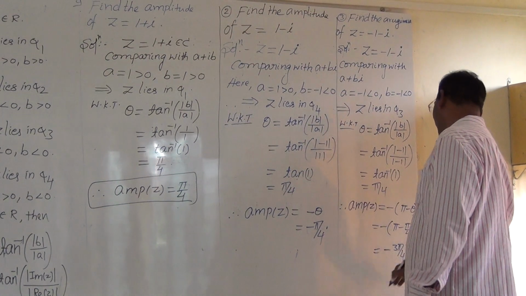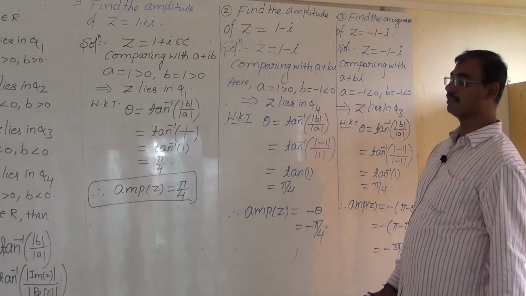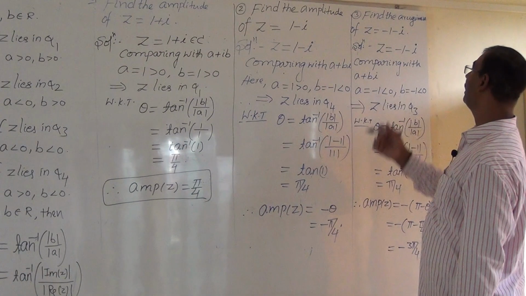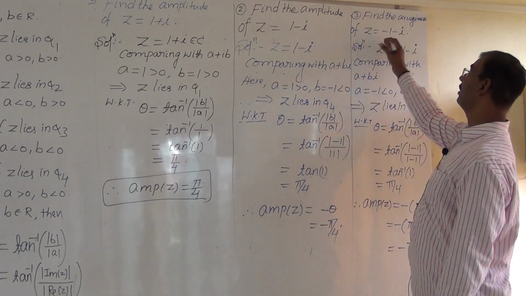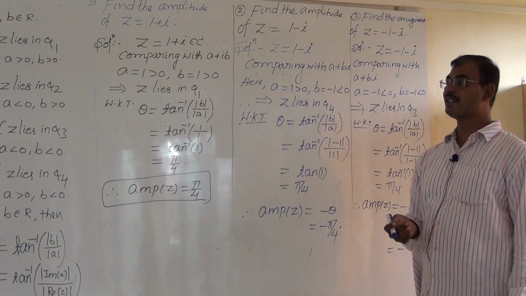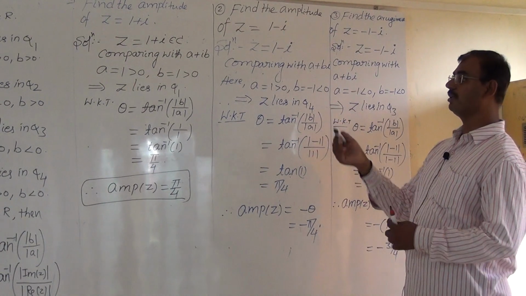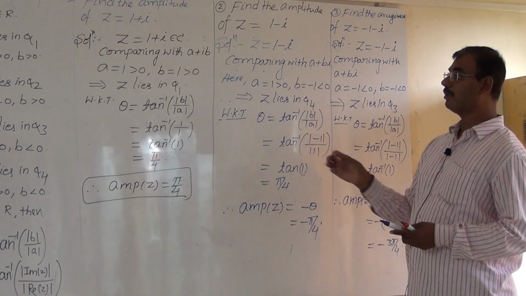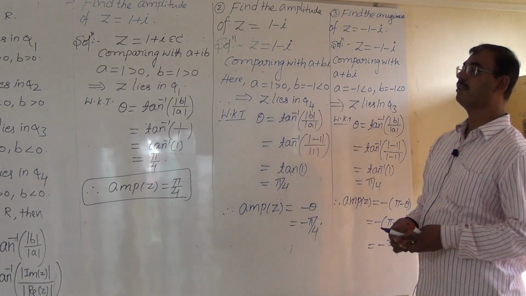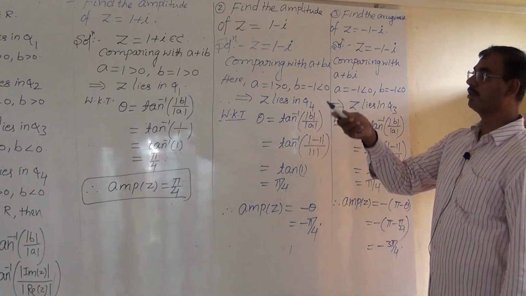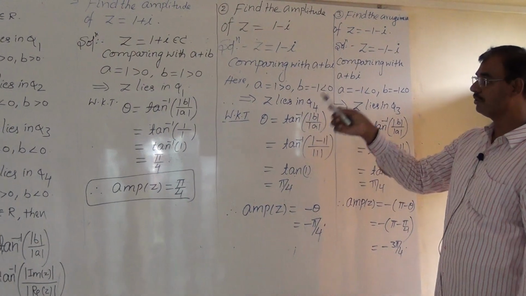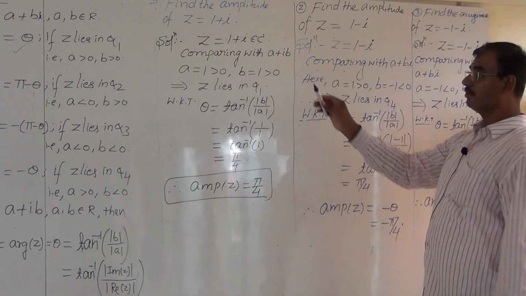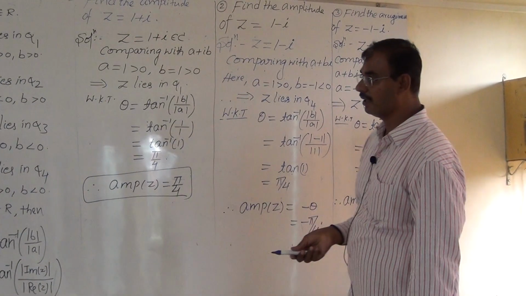Minus 3 pi by 4 is the answer. Similarly, we can find it for Z equal to minus 1 plus i. So many questions are there. In tomorrow's class, I will give a number of questions and properties based on the amplitude of complex numbers. Today, this is enough. We have to learn all of it today and practice.